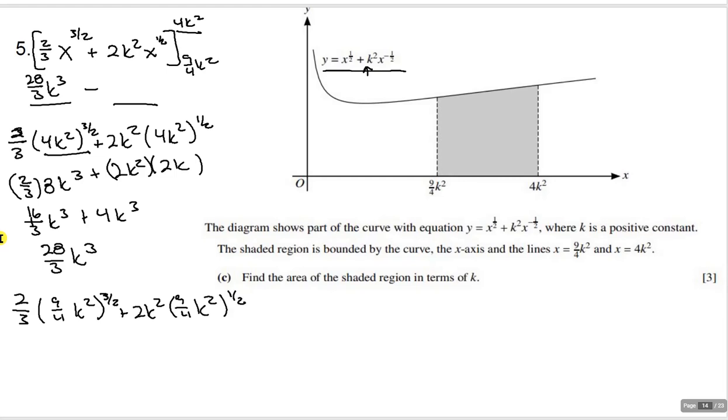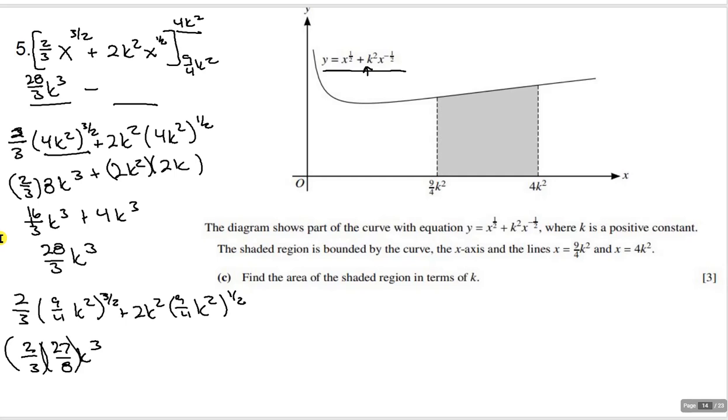All right, so again, if I do 9/4 to the 3/2 power, I'm going to get 27/8 k to the 3rd times 2/3.